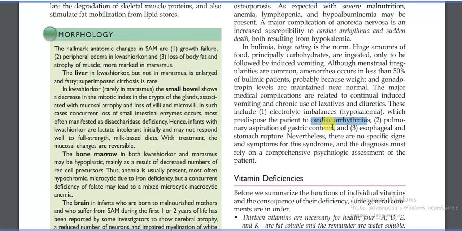Sometimes they might inhale the vomit into the respiratory tract, which causes a very severe pulmonitis, inflammation of the lungs, which cannot be treated by usual antibiotics because it is damaged by acid first of all, and secondary infection is only present there, but it is primarily damaged by acids. And esophageal and stomach rupture.